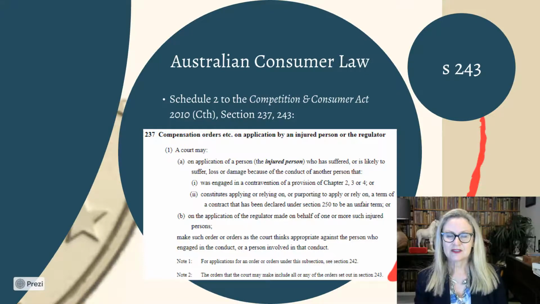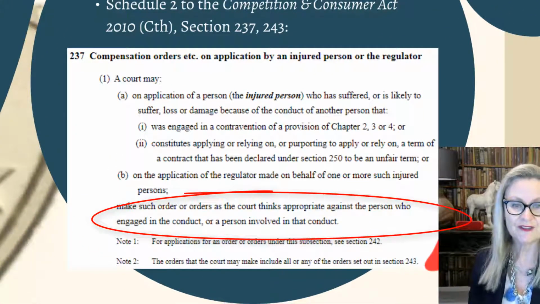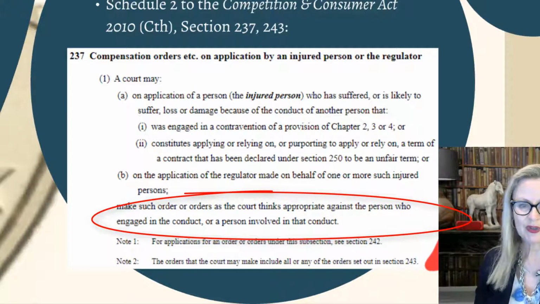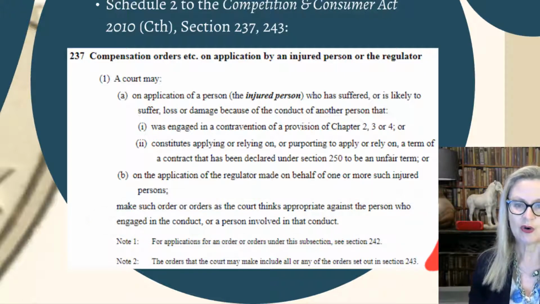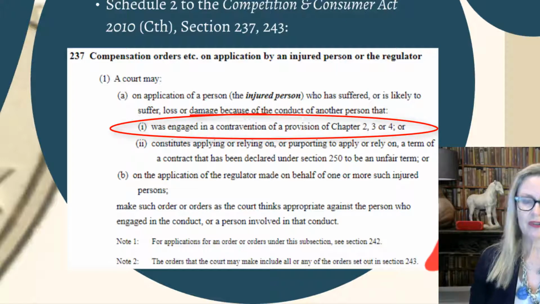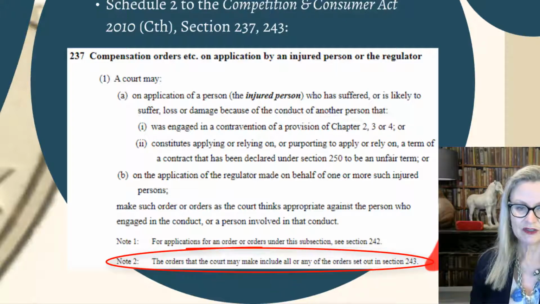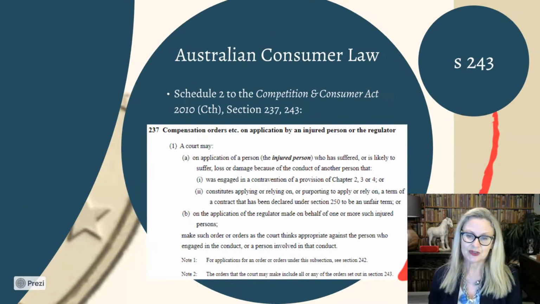Section 237 is the gateway provision that allows the court to make the orders it thinks fit against the person who has engaged in a contravention of Chapter 2, and the misleading or deceptive conduct provision is in Section 18, which is housed in Chapter 2. So this is the go-to provision that gives the court the power to make the orders, and then you'll see down there in Note 2 the orders the court may make include all or any of the orders set out in Section 243.